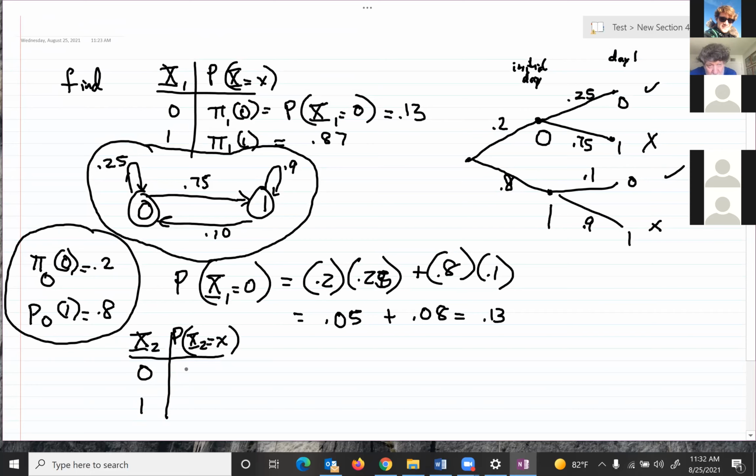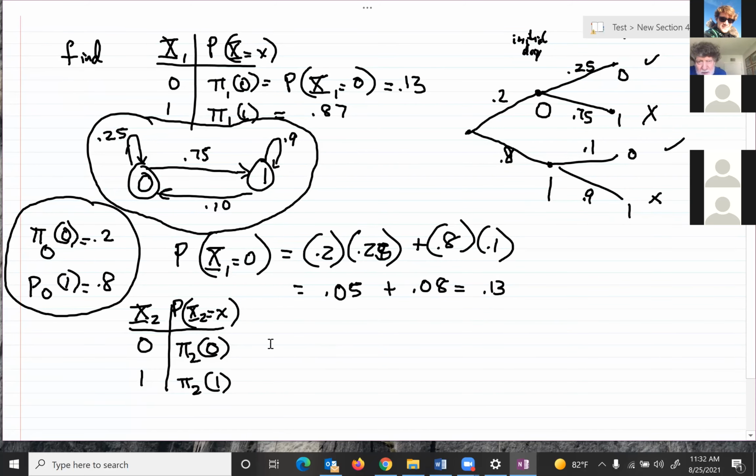And the notation would be what? Pi day 2 not working, pi day 2 working. So that's the notation for those probabilities. And what I would do is repeat the idea we just did. So let's do that.